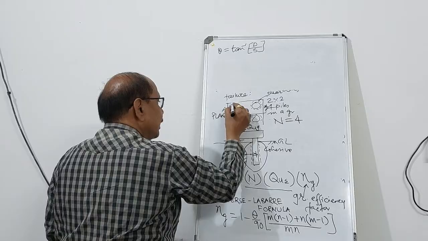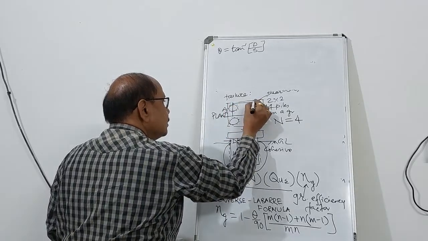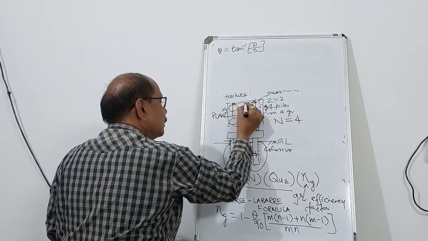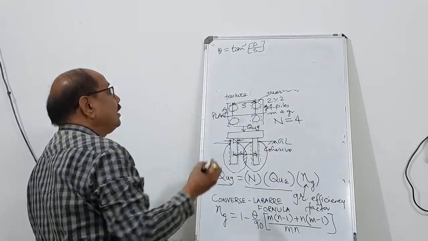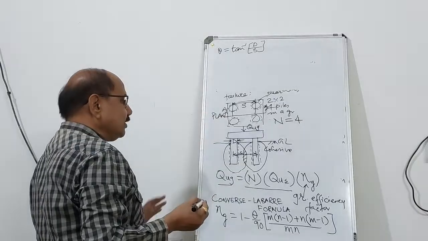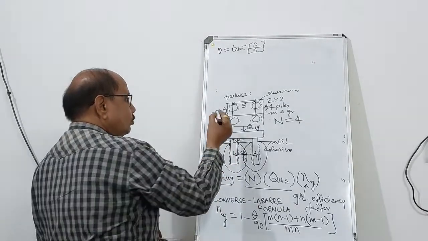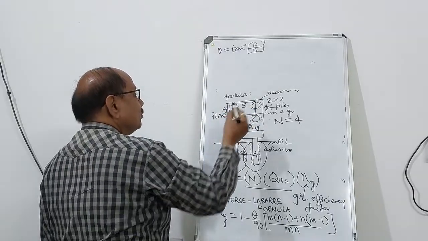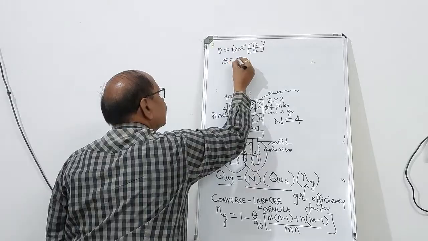So you can show it like this. This distance is small s.